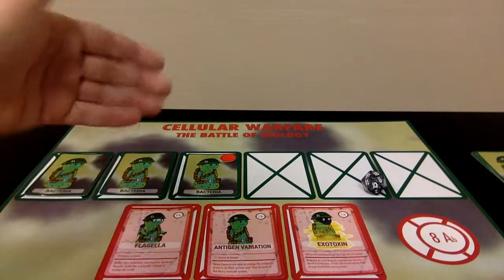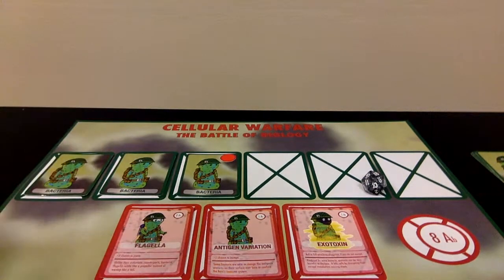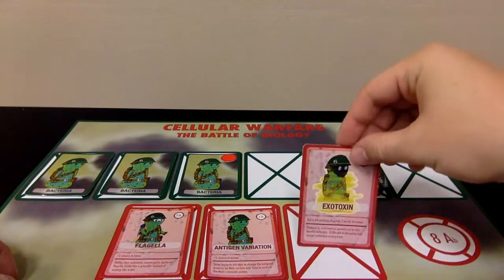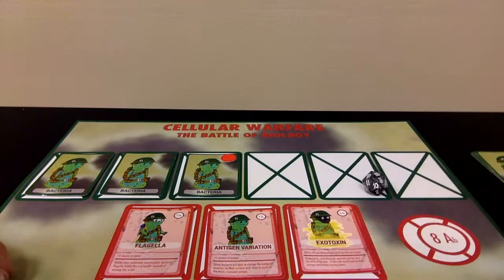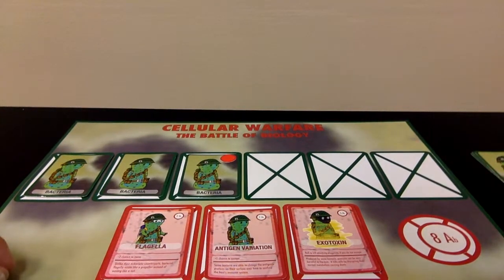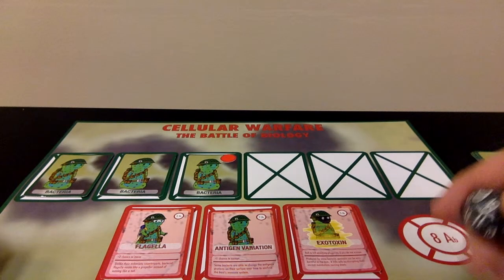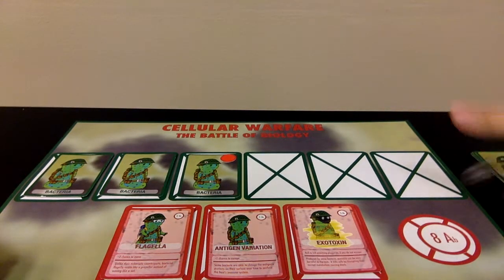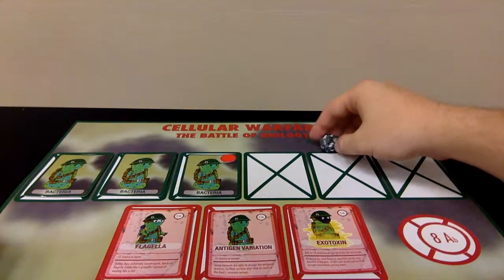And because it's been detected, let's say it doesn't escape, the antigen variation didn't help me at all. Because I have this exotoxin card, it then gets to roll the 20-sided die again, needing a 1 to 3, which I did not get, so I got a 7.